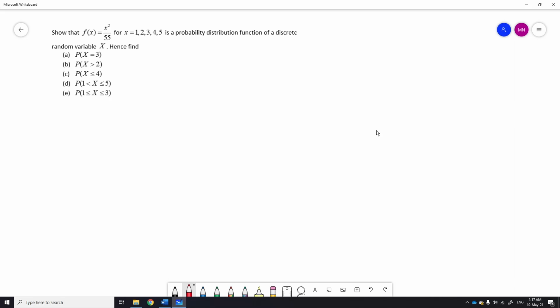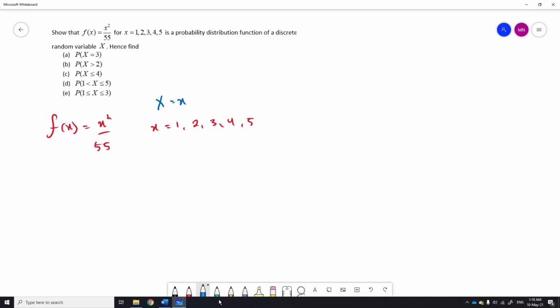Okay, so we are given a function f(x) equal to x squared over 55, and the x could be 1, 2, 3, 4 and 5. Okay, so this is the random variable. This is x equal to x, and this is the output.